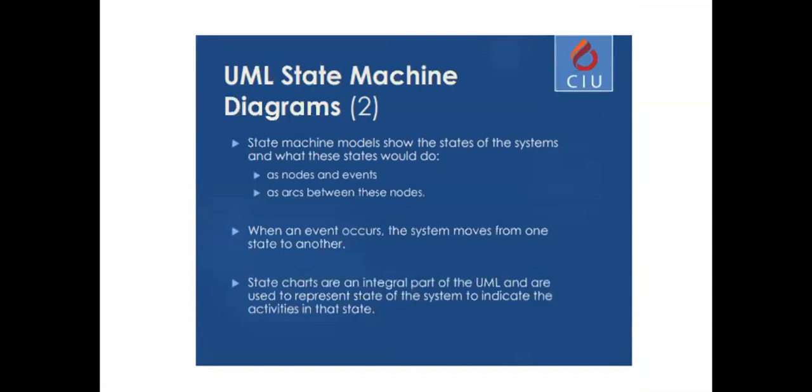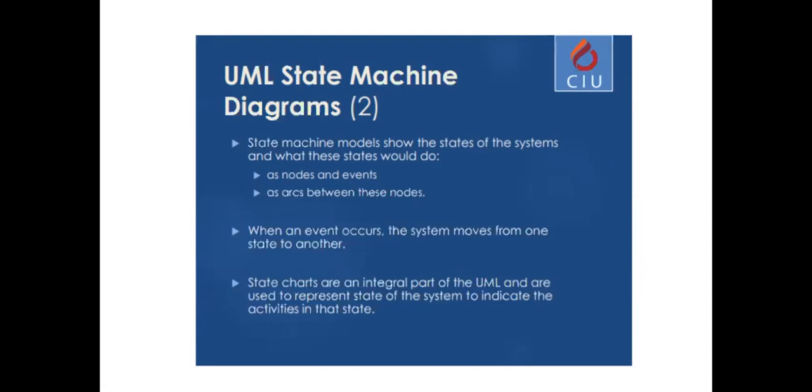So basically, you are drawing a state where there are three important situations: when you enter the state, when you exit, and during the state itself. And this is called the state performing an activity.